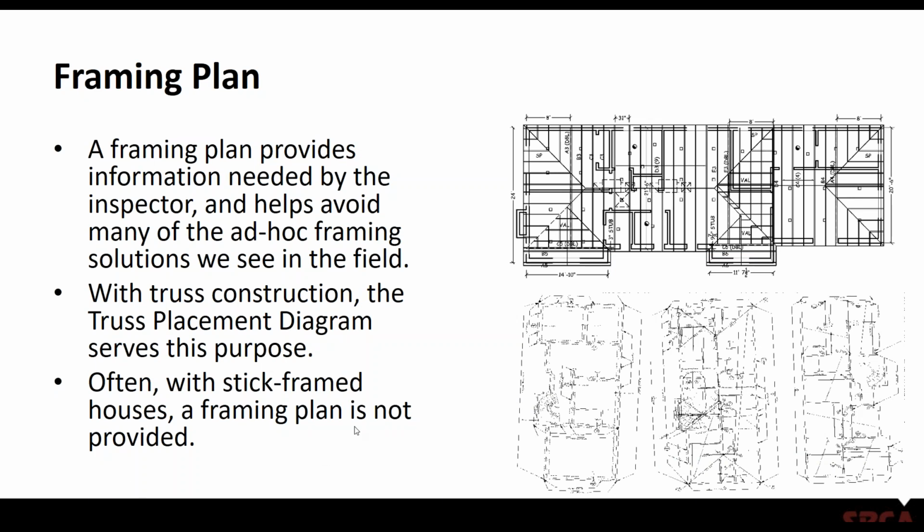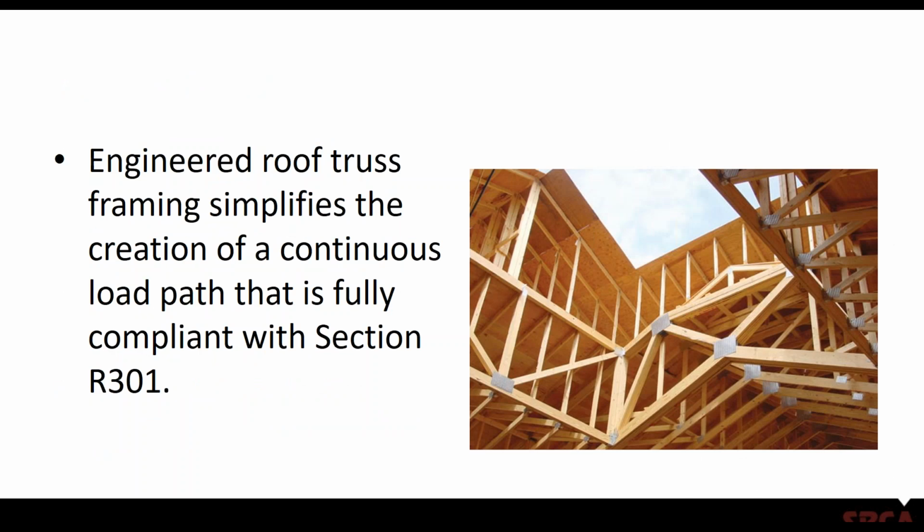Apologize, this figure, lower right-hand corner, didn't come out very well. This is basically showing a stick-framed framing plan, and I use that with quotes around that. Basically didn't really show much. All it did was show the planes of the roof. Didn't really show how that was supposed to be stick-framed and where the assumed bearing locations would be.